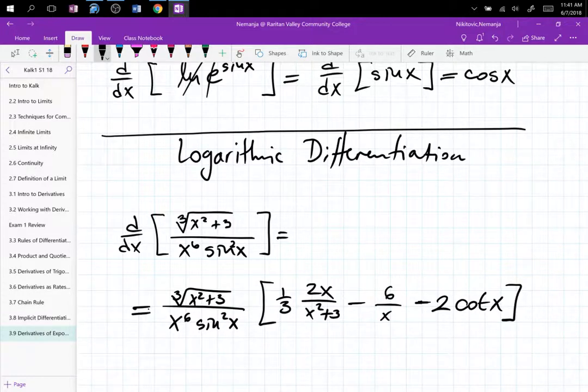So this is the power of logarithmic differentiation. It allows you to skip everything you learned in chapter 3 by combining two concepts. One is those log formulas, and the other one is that ln f of x derivative that I told you you're going to use most of the time.